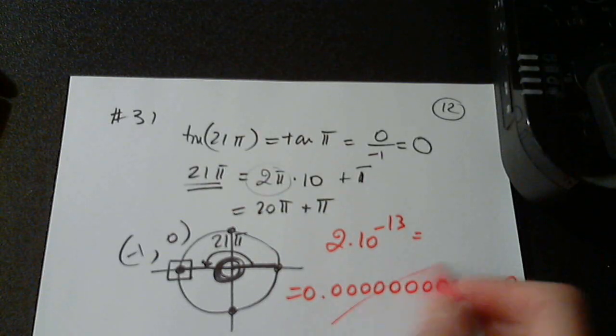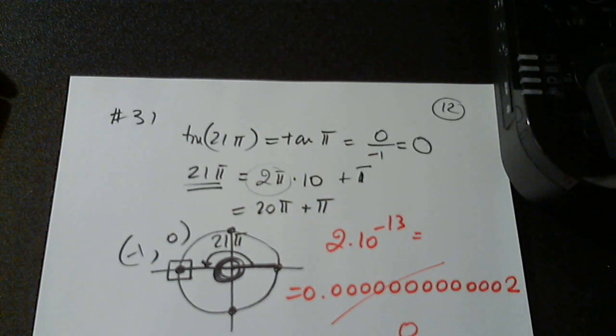The calculator is really telling us 0. 2 times 10 to -13 means 13 digits after the decimal point. Any questions? So careful with this. Of course, you would not copy this, right?